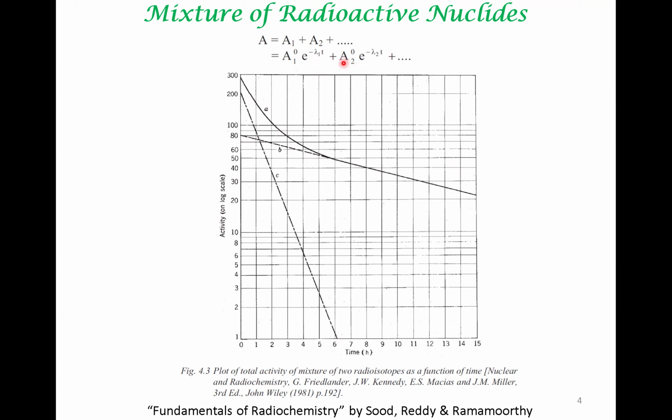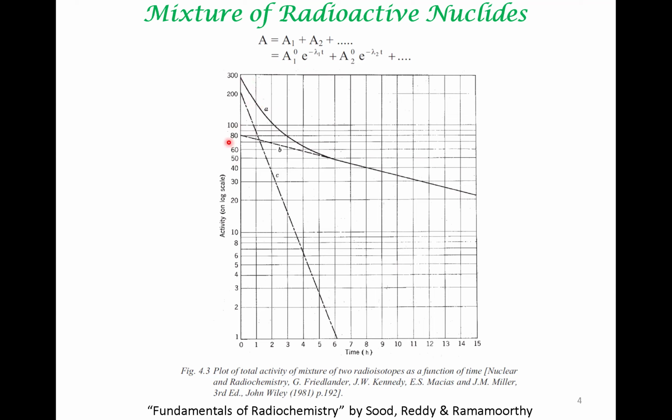You can decompose it in terms of different radioactive constants, this one involving lambda 1, the other involving lambda 2, and so on. When you do that, this is the overall activity change. So the overall activity decreases.